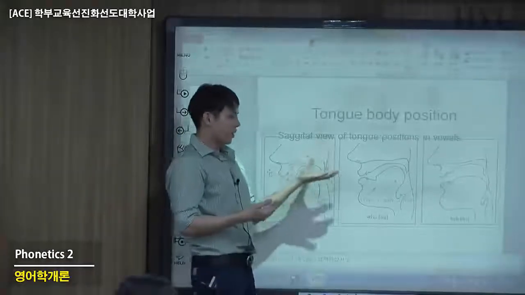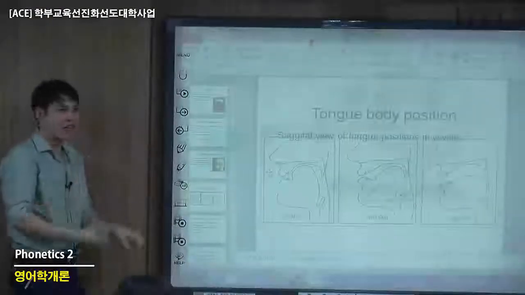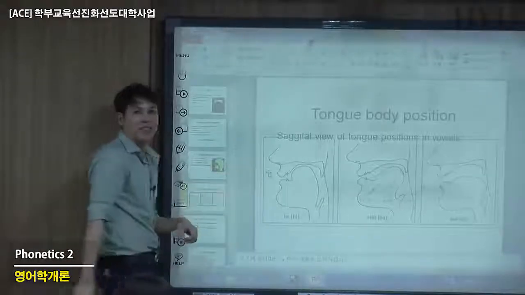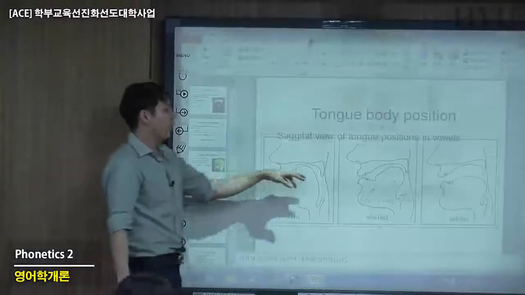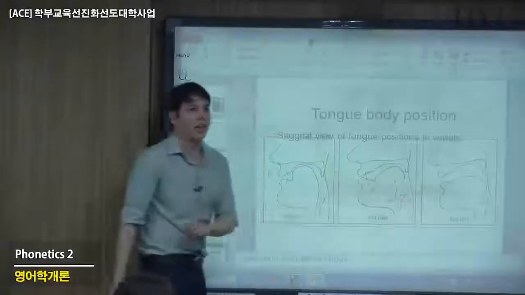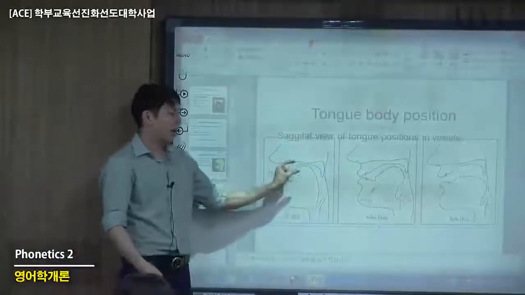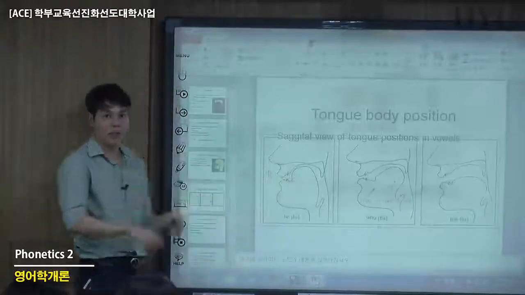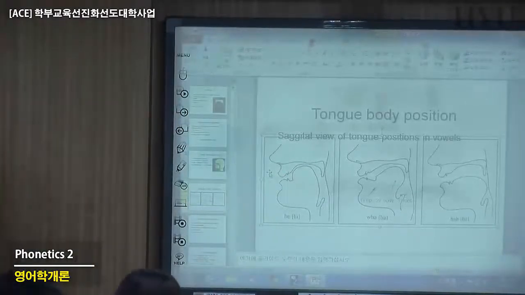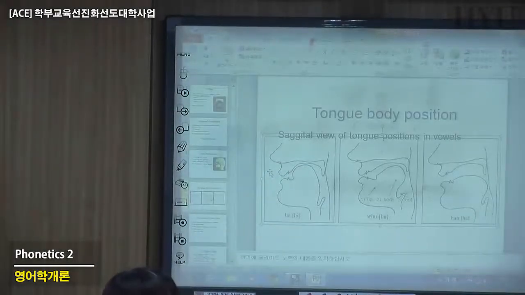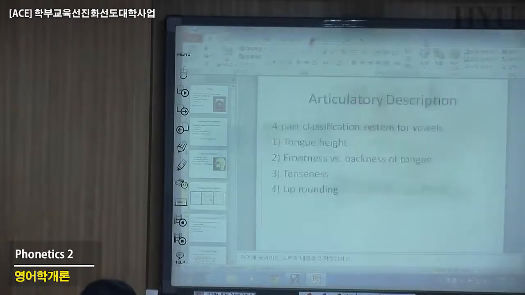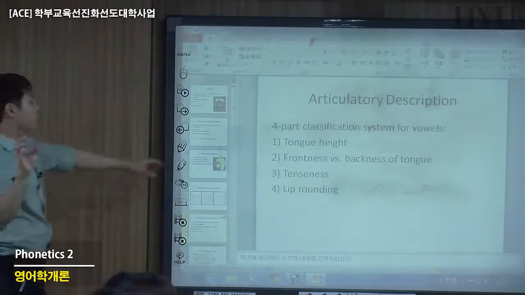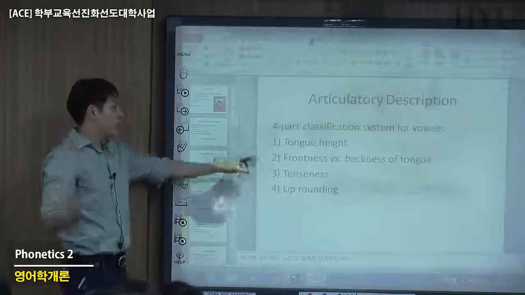When we do phonetics, we have to exaggerate our pronunciation just to see the difference, right? He, who, ha, like that. So it's just different parts of the tongue and different levels of height of the tongue that will be involved in describing vowel sounds. So when you describe vowel sounds, we use 4 descriptors.